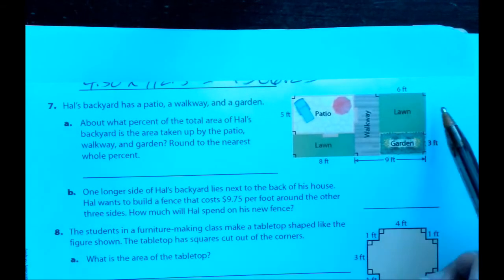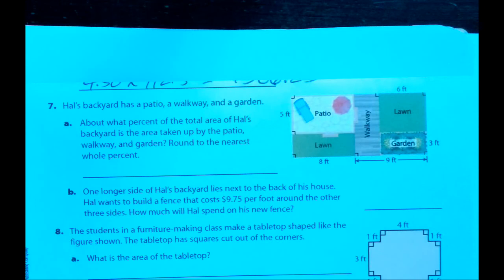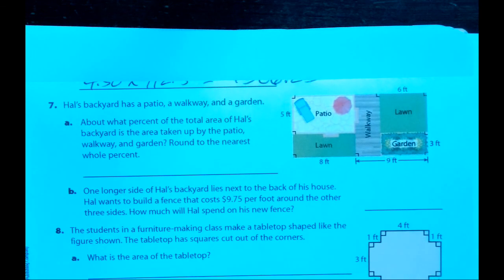And it wants to know about, first of all, what does that word tell you? About means we're estimating. We're not giving a precise answer, but we're still going to look at it mathematically. About what percent of the total area of Hal's backyard is the area taken up by the patio, walkway, and garden, round to the nearest whole percent.